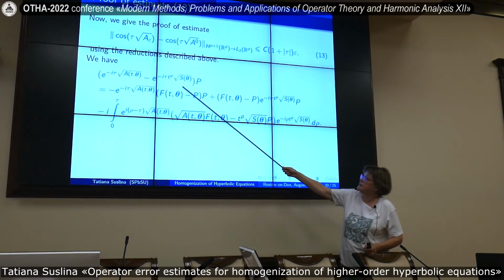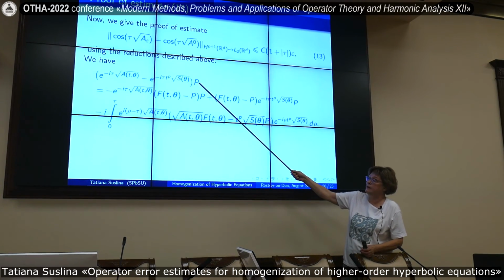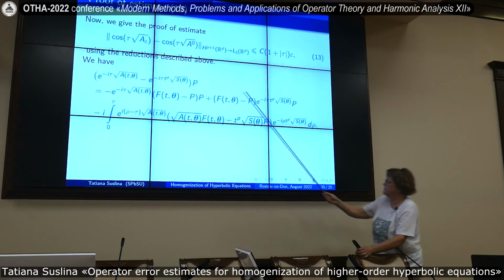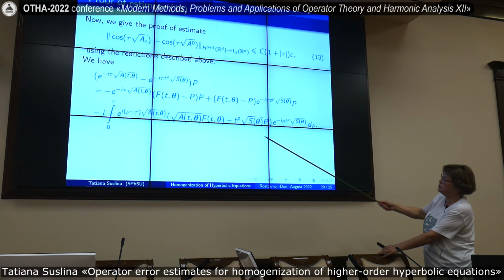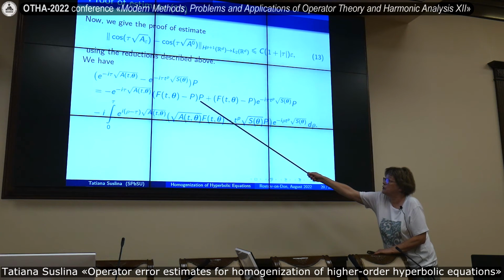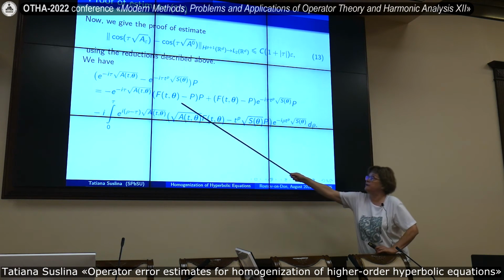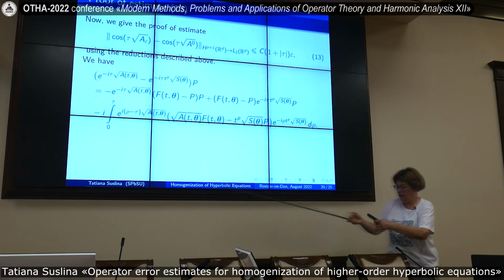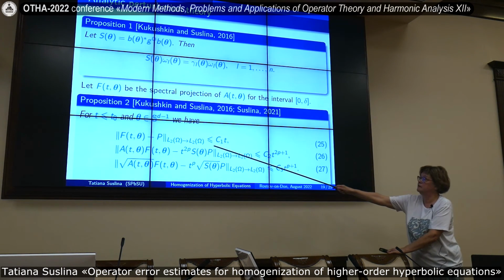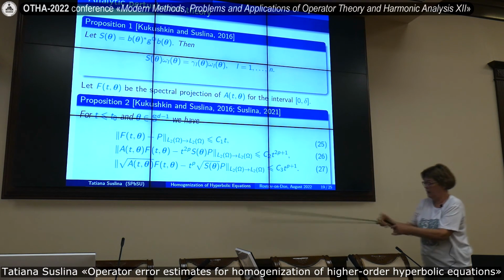So we take this difference of the exponentials, multiply by projection P. Then we have such a representation, three terms. The first two terms involve F minus P, and we have this threshold approximation estimate for F minus P.